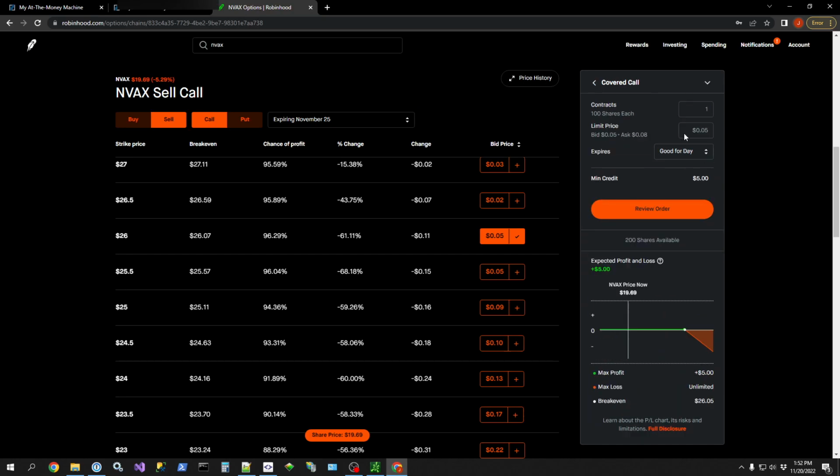I got 200 shares of it, so I can do 2. And the spread is 5 to 8, so I can only probably get away with 6 cents. Granted, Robinhood will automatically try and do greater if it can. If you leave it blank, if you let it do its thing, it'll try.